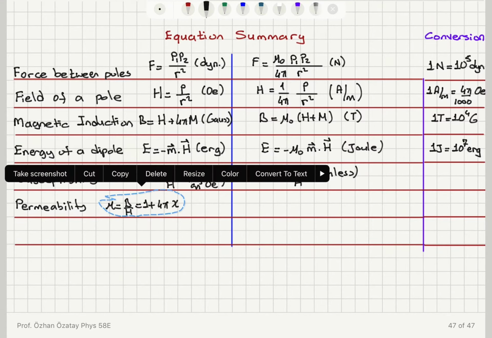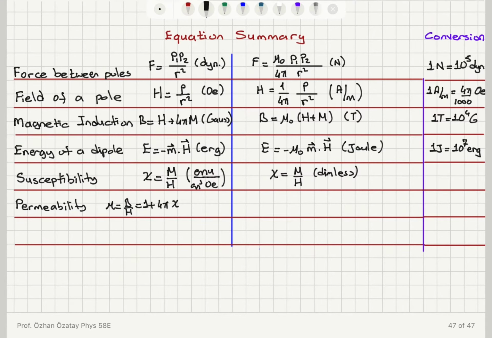Well, you can see that we have B in Gauss and H in Oersted, so the unit would be Gauss divided by Oersted. And the permeability in SI units, mu is equal to B over H. It is mu 0 times 1 plus susceptibility, so it has the unit of mu 0 because susceptibility was dimensionless. So this would be measured in Henry per meter.